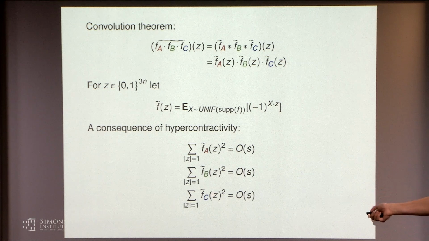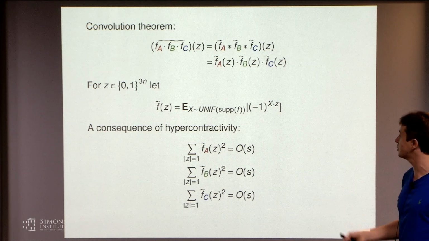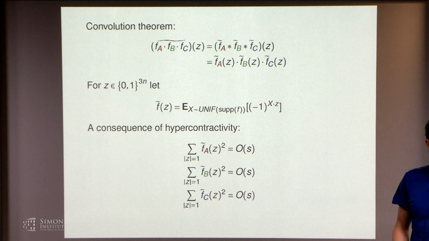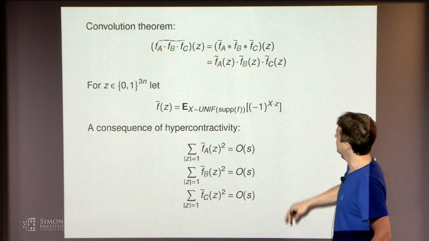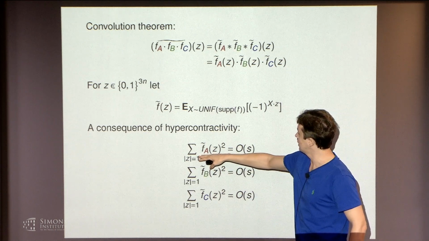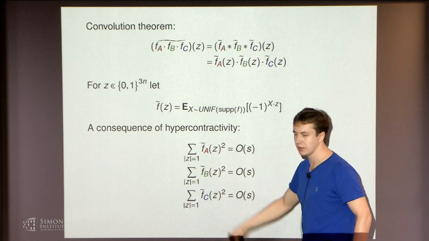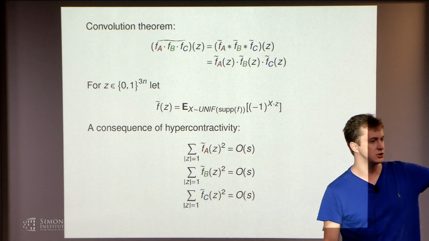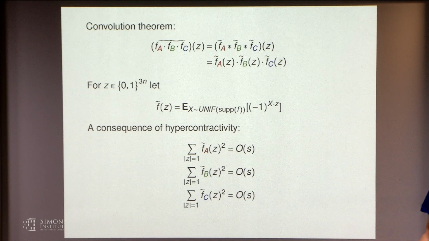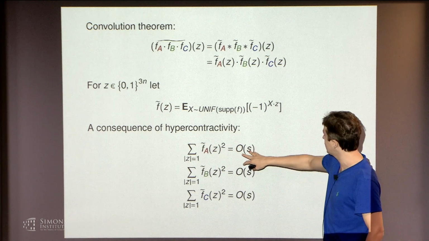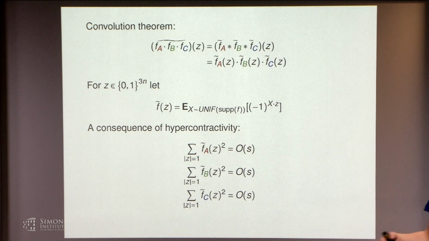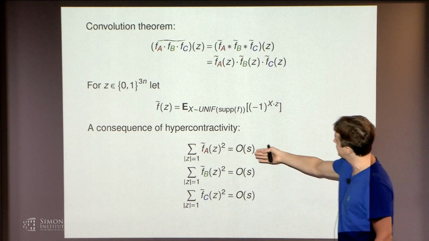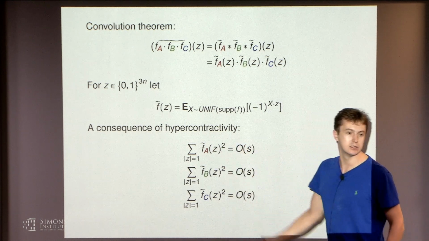And this is where hypercontractivity comes in. Similarly to Fourier analytic analysis of the Boolean hidden matching problem and related streaming questions, we start by noticing that the sets FA, FB, and FC correspond to typical messages of Alice, Bob, and Charlie. And if Alice, Bob, and Charlie communicate at most S bits, then the normalized Fourier coefficients of the typical messages satisfy certain L2 squared bounds in the Fourier domain.